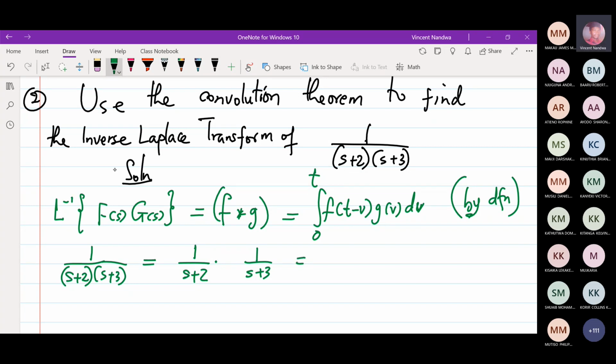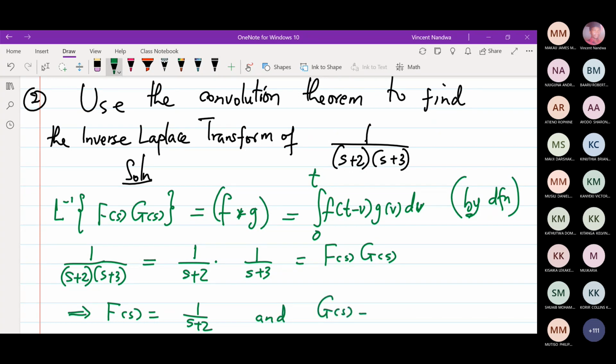So this is the product of capital F of s and capital G of s. We are claiming that capital F of s is 1 over s plus 2, and capital G of s is 1 over s plus 3.